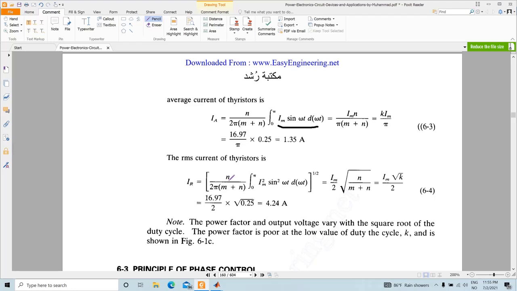So the RMS current in the thyristor is: first the square root, then n multiplied by the integral from 0 to pi of Im squared sine squared omega t, divided by the whole time period, which is twice pi multiplied by m plus n, and you do the simplifications after that to get the actual current value.